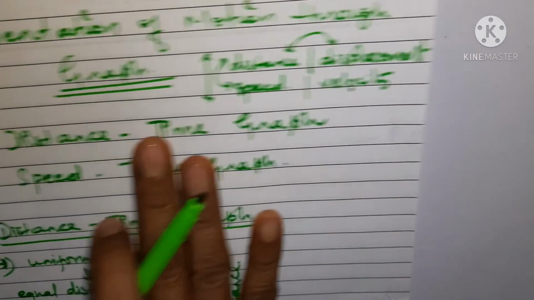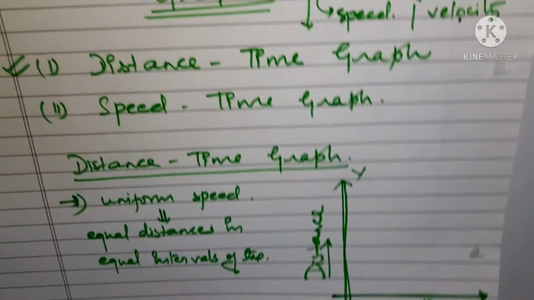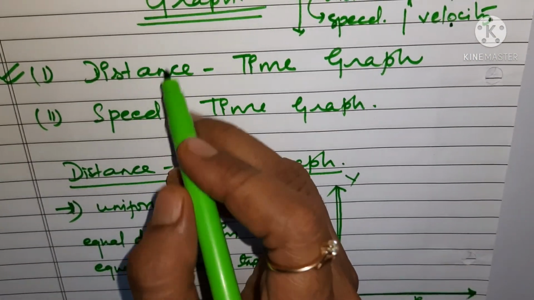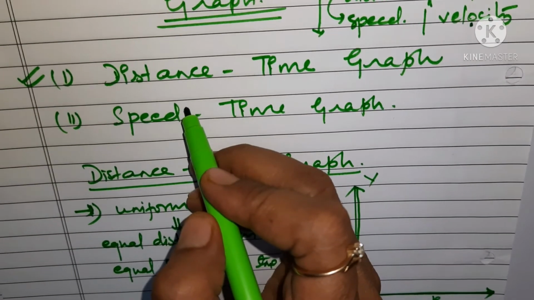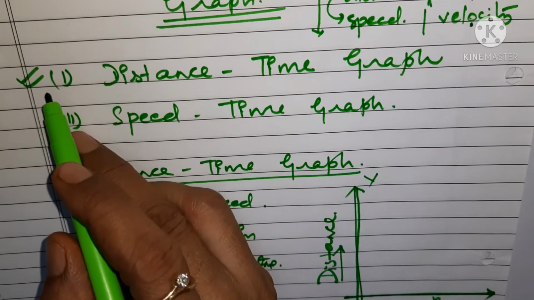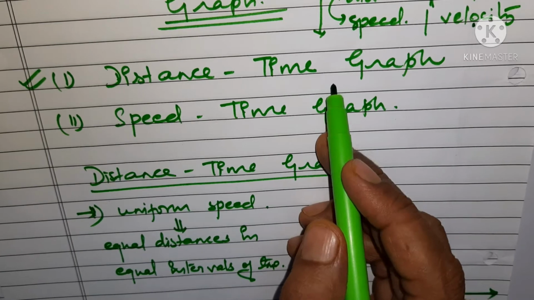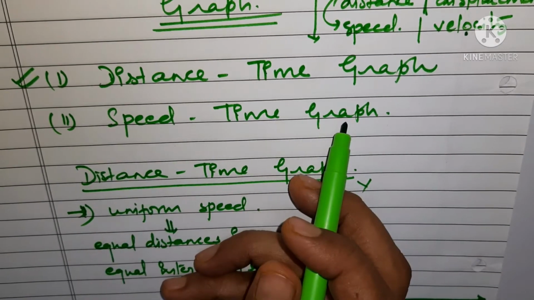Now there are two types of graphs which we are going to study. The first type is the distance time graph, and the second one is the speed time graph.